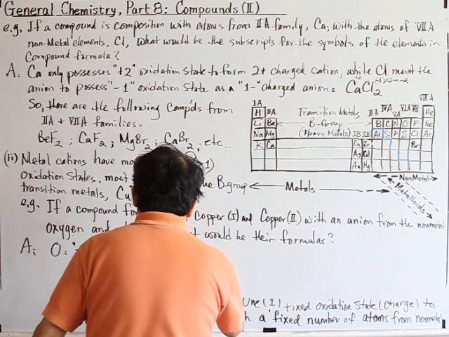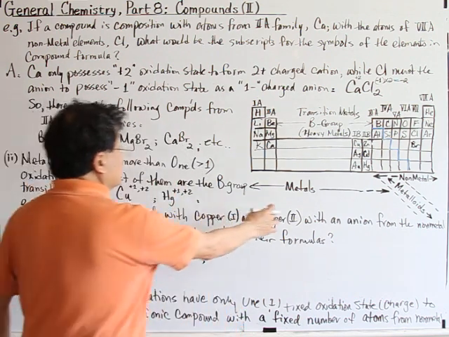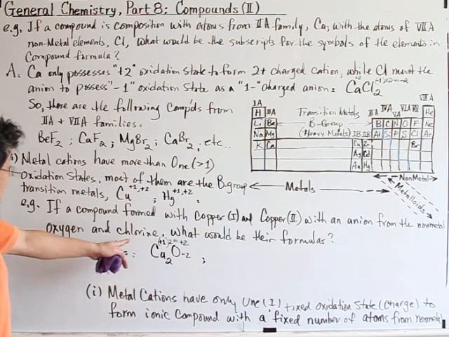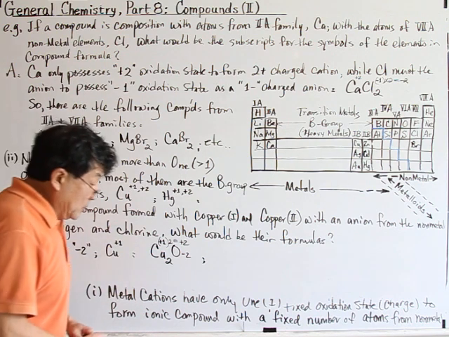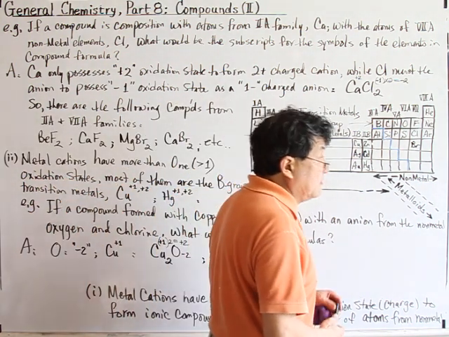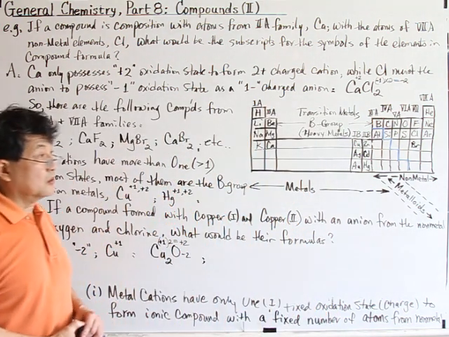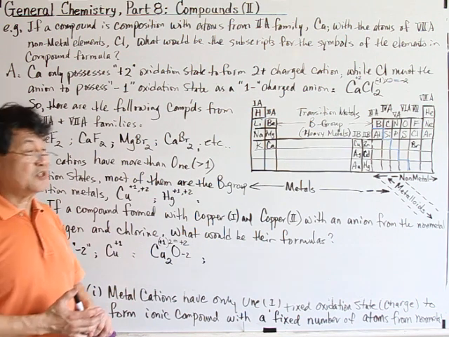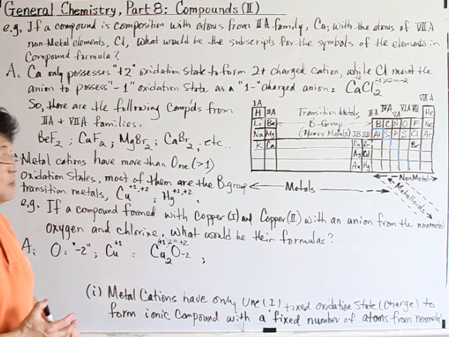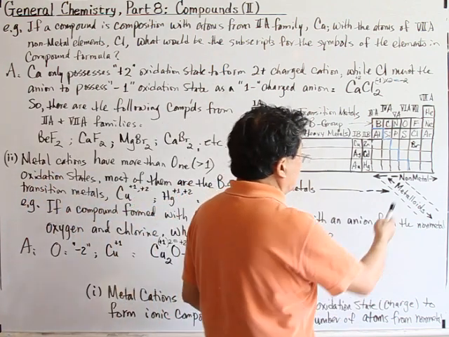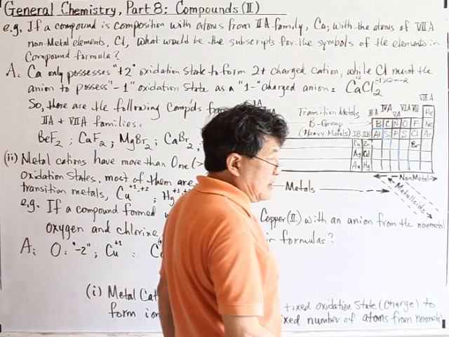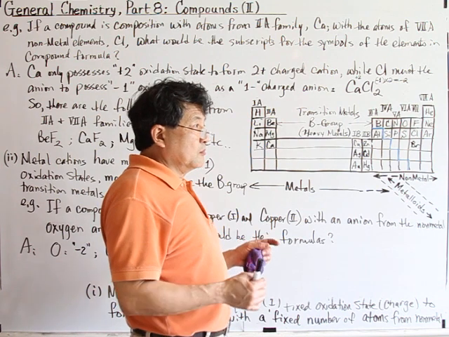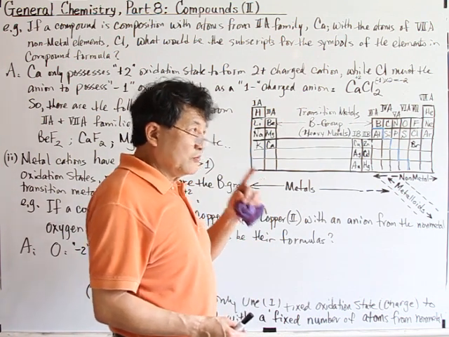The second answer, for the copper that was 2 plus, I want you to compose a compound with chlorine. Now chlorine, when we gave you the periodic trend of oxidation states for elements in the periodic table, we already stated that the halogen family elements normally have the chance to form 2 common oxidation states.